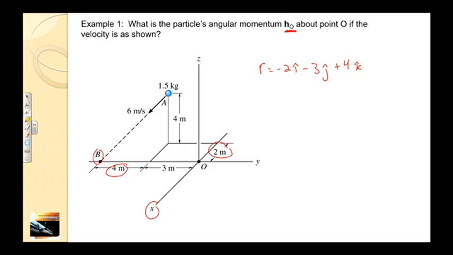Oh, luckily here, same thing. So I've got 6 meters per second multiplied by something over 6 meters. And that something is 2i minus 4j minus 4k. So my 6's, this is meters, sorry, will cancel. All I have to do is cross product.